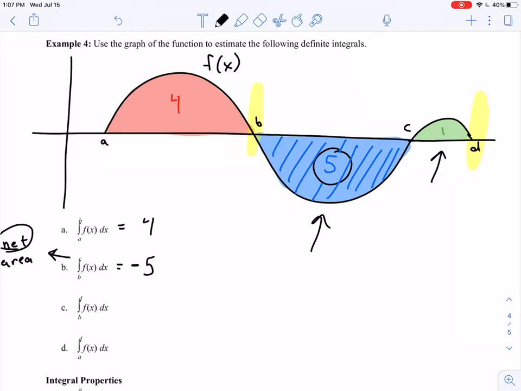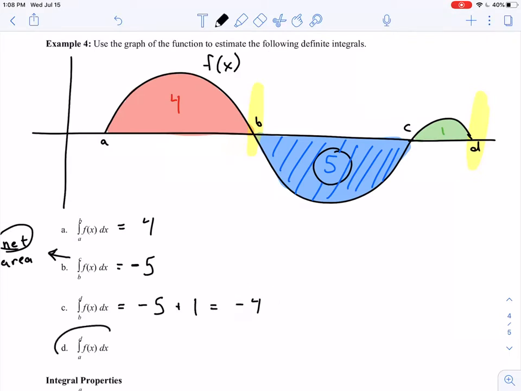The blue area falls below the x-axis, and the green area falls above the x-axis. Keeping in mind that I'm thinking about net area, I'll make the area below the x-axis negative, so negative 5, and then add on the area above the x-axis, so adding 1: negative 5 plus 1. In this case, my net area would be negative 4, so this definite integral is equal to negative 4.